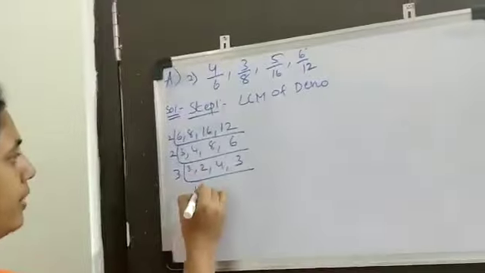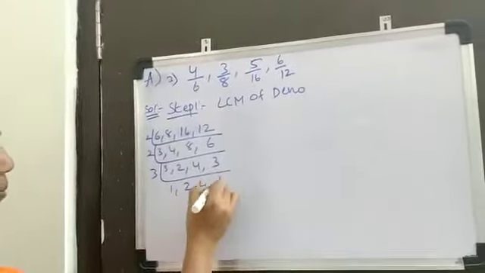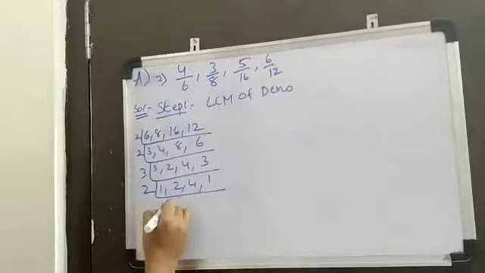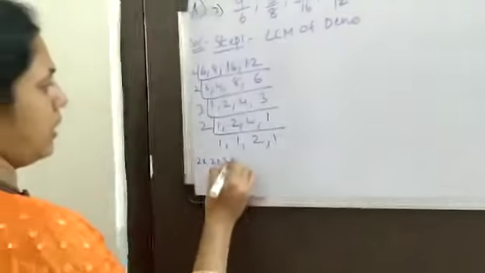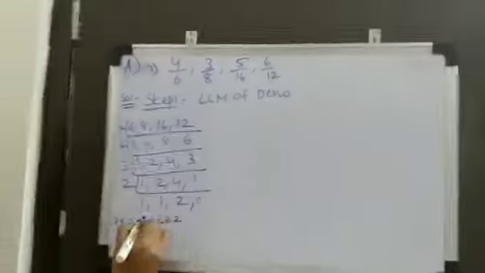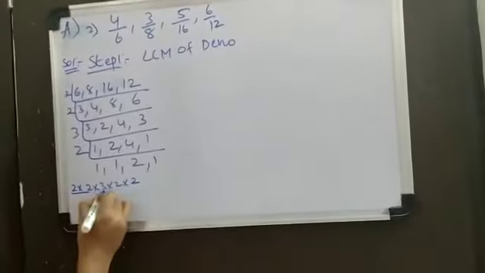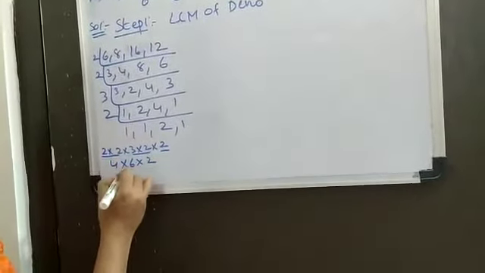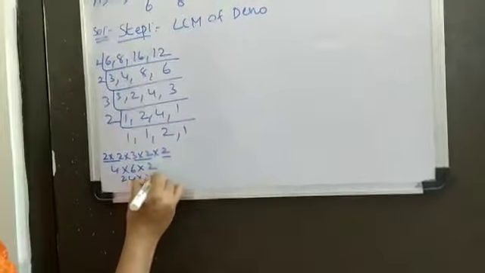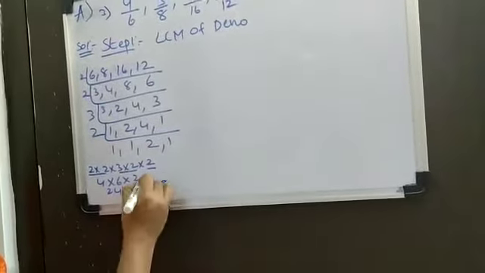Then 3 1s are 3, 2s are 2, 4s are 4, 1s are 1. Then 2 1s are 2, 1s are 1, 2s are 2, 1. So you will get 2 into 2 into 3 into 2 into 2. This is 4, 6 and 2. That is 24 into 2. You will get 48. So our LCM is 48.